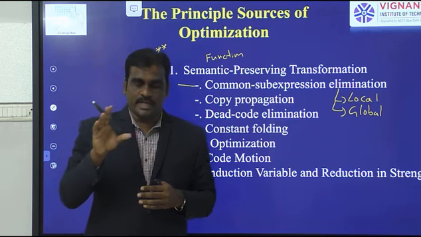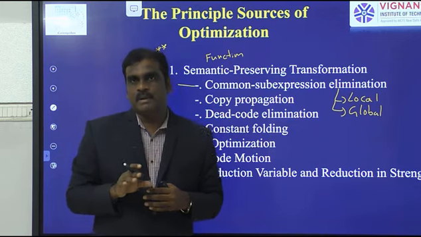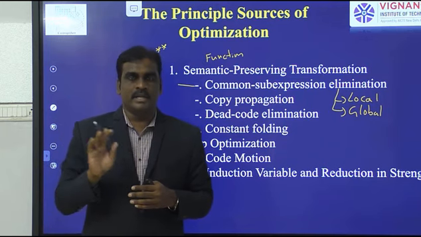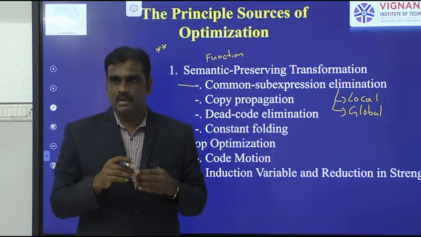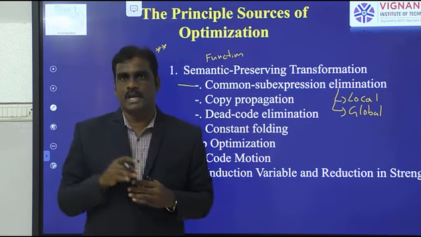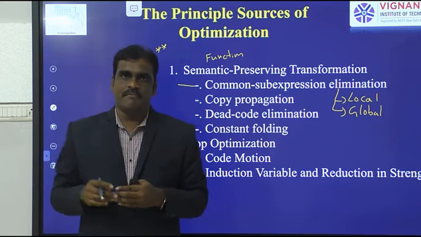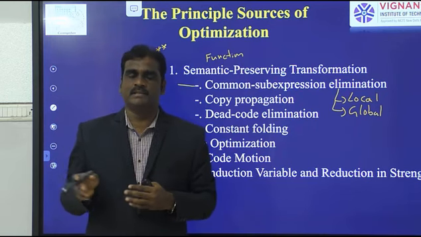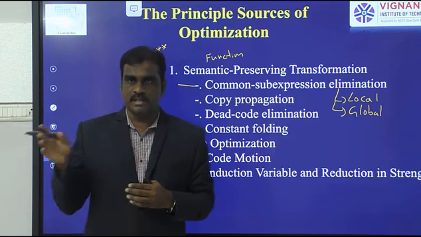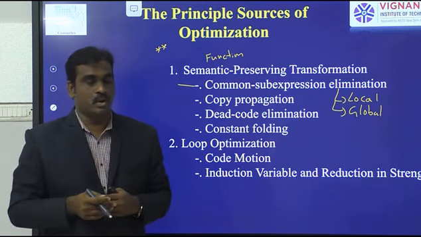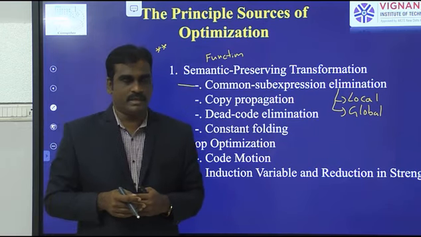Even though the statements are the same, if the values are different, we need not perform any deletion operation. Then compare B1 to B3, B1 to B4, and B1 to B5. In the same way B2 with B3, B2 with B4, B2 with B5, then B3 with B4, B3 with B5, and B4 with B5. So that is about global common subexpression elimination.